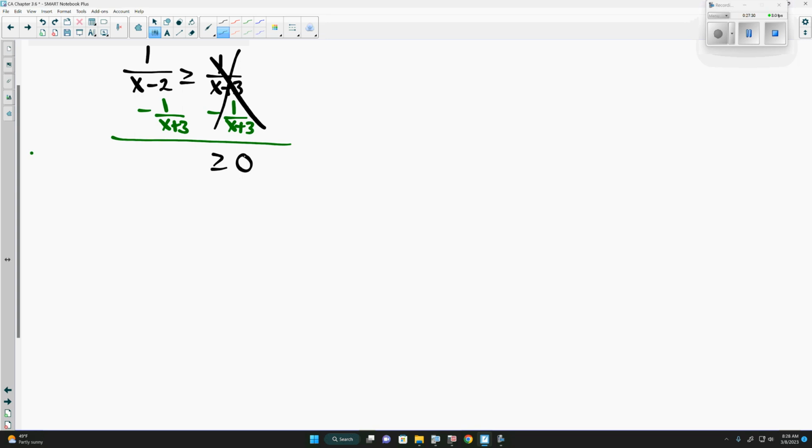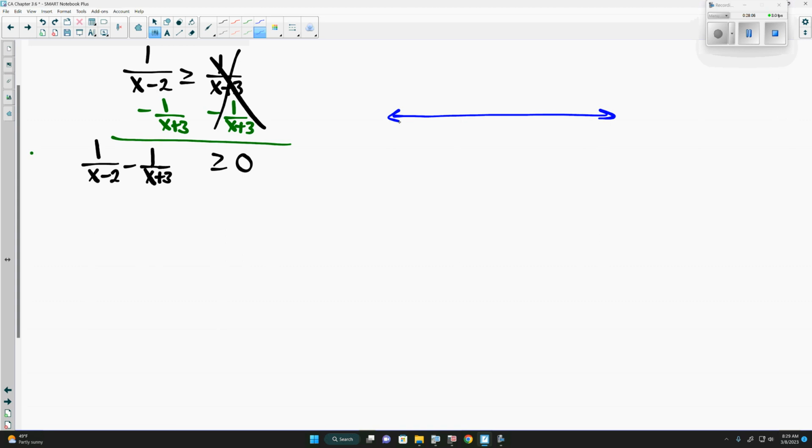Can we subtract these two fractions from each other as they are? Well, no. We have 1/(x - 2) - 1/(x + 3). Now, one thing we know for sure is that we will need key points to be able to tell where the graph's most likely switching from above the x-axis to below the x-axis, which points are going to work.